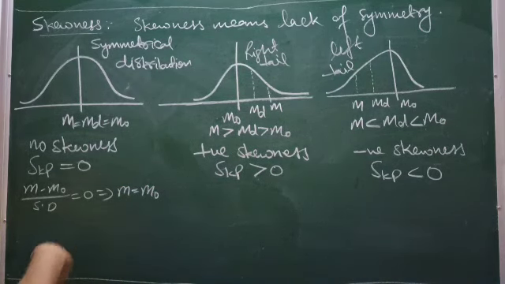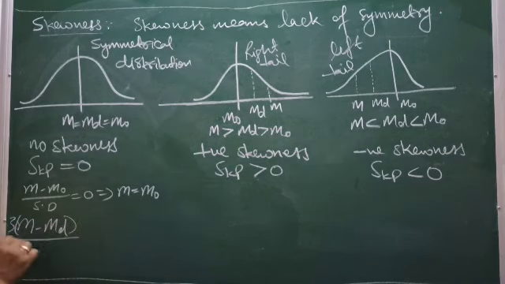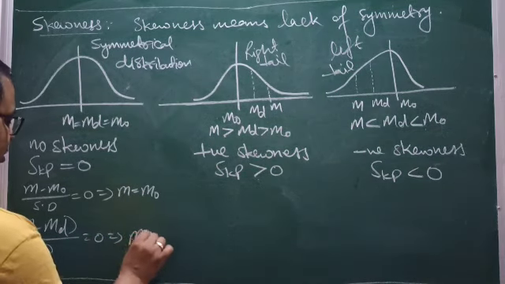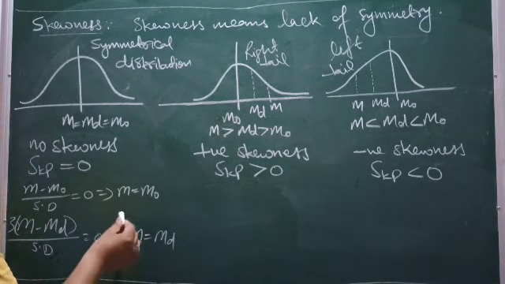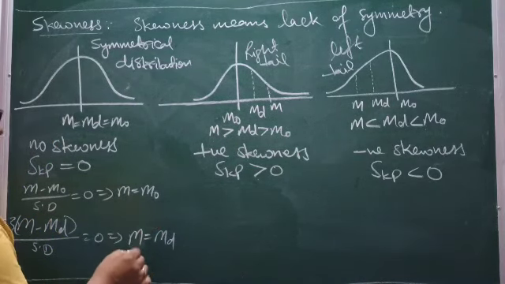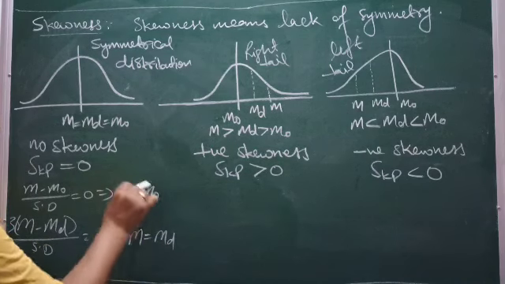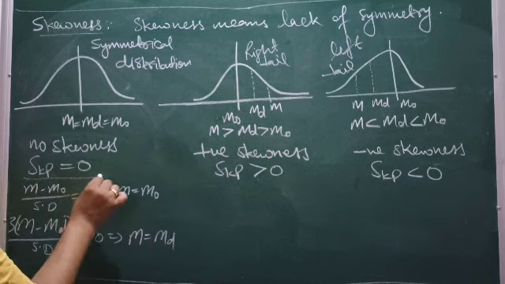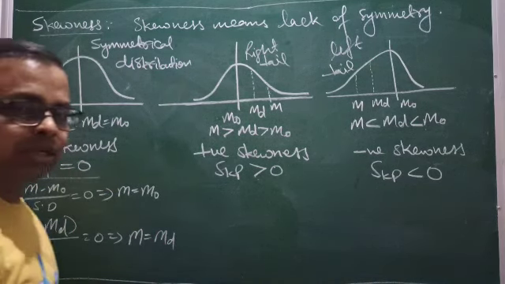If we use the other formula, 3 times mean minus median upon standard deviation is equal to 0, so mean is equal to median. So we see here mean equal to mode and mean equal to median. It means mean equal to median equal to mode. In this case, mean, median, mode coincide. So Karl Pearson coefficient is equal to 0 and there is no skewness in the distribution.